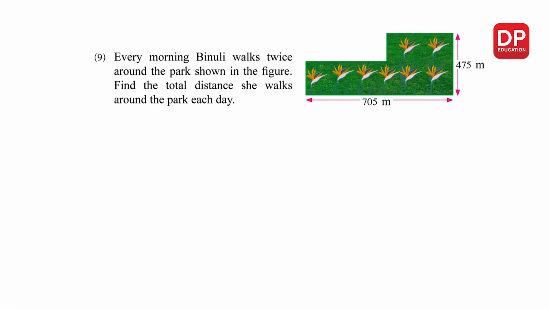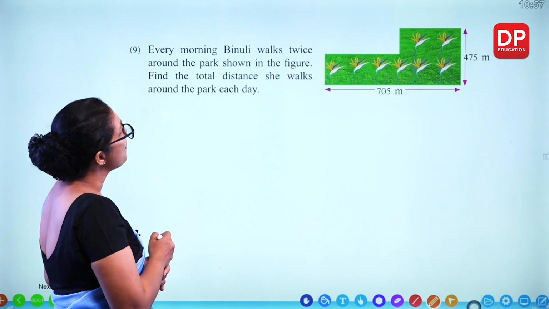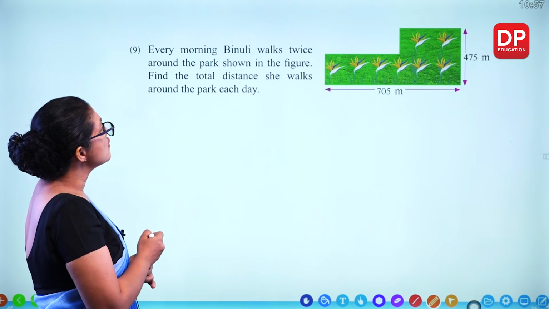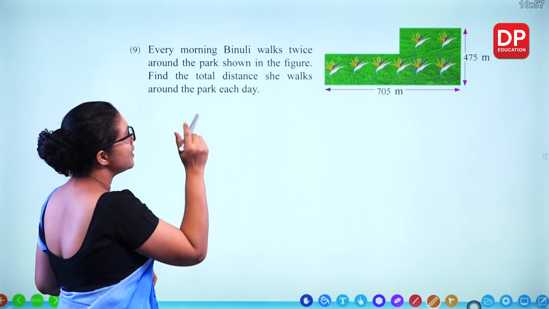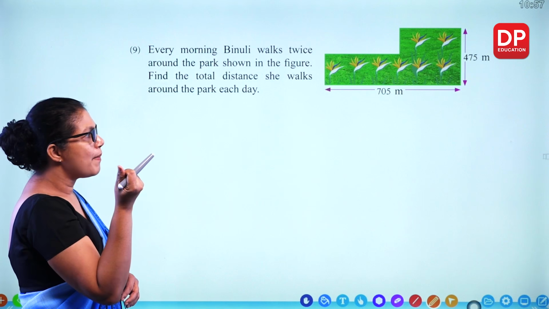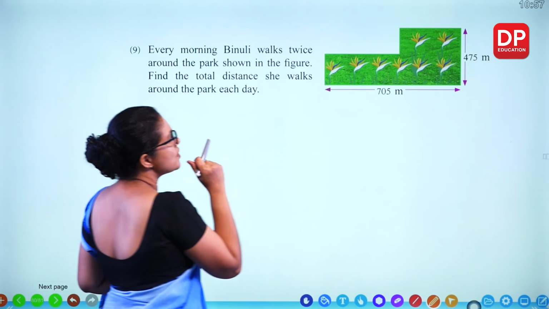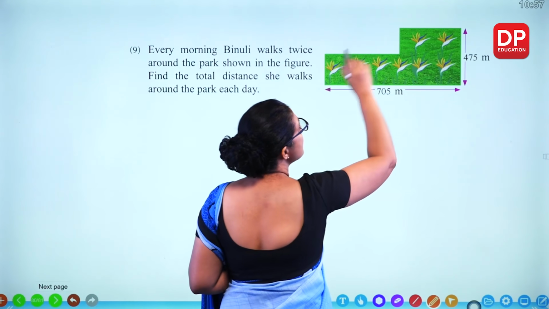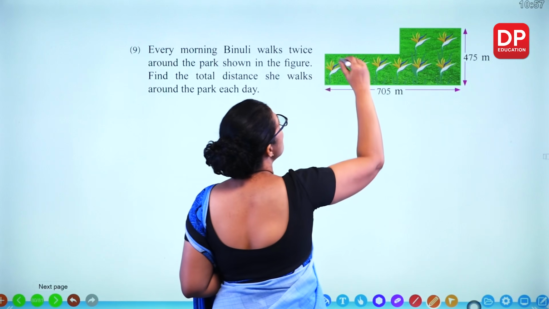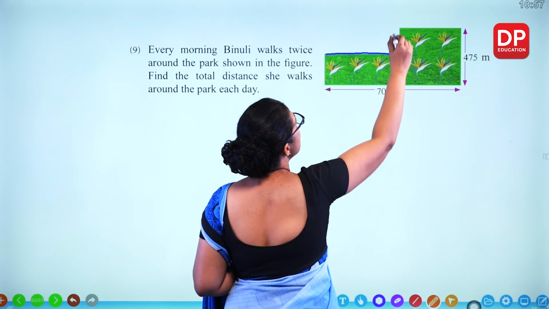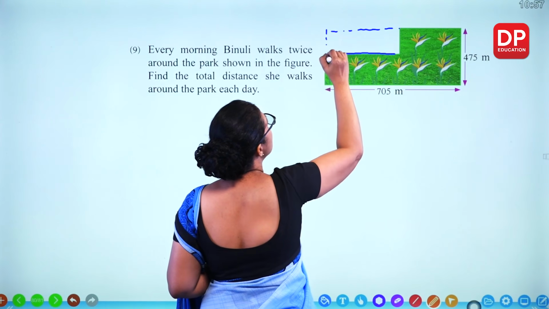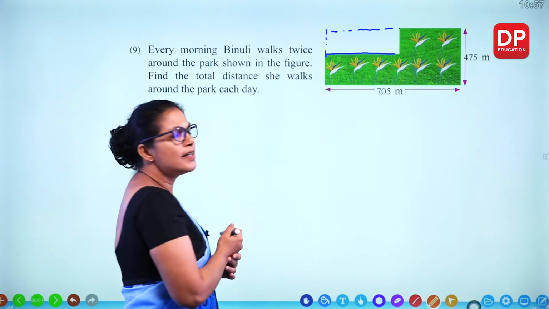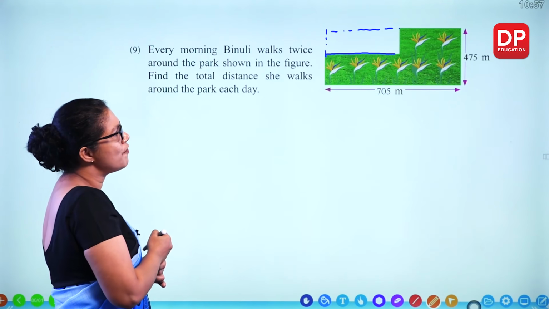Question number 9. Every morning, Binuli walks twice around the park shown in the figure. Find the total distance she walks around the park each day. So find the perimeter and multiply by 2. Now you can see this is a rectangular shape figure. So when you move this length here and this length here, you get a rectangular shape figure.